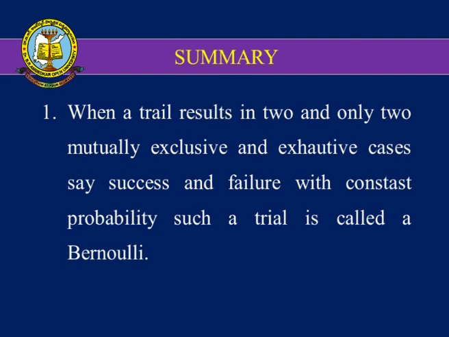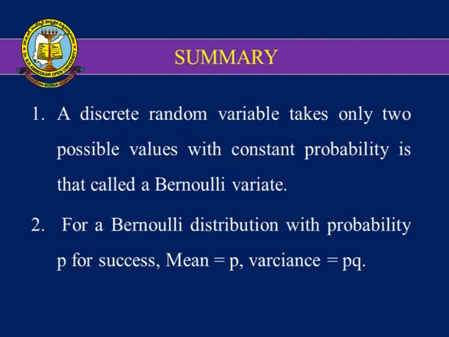When a trial results in two and only two mutually exclusive and exhaustive cases, say success and failure, with constant probability, such a trial is called a Bernoulli trial. A discrete random variable that takes only two possible values with constant probability is called a Bernoulli variate.